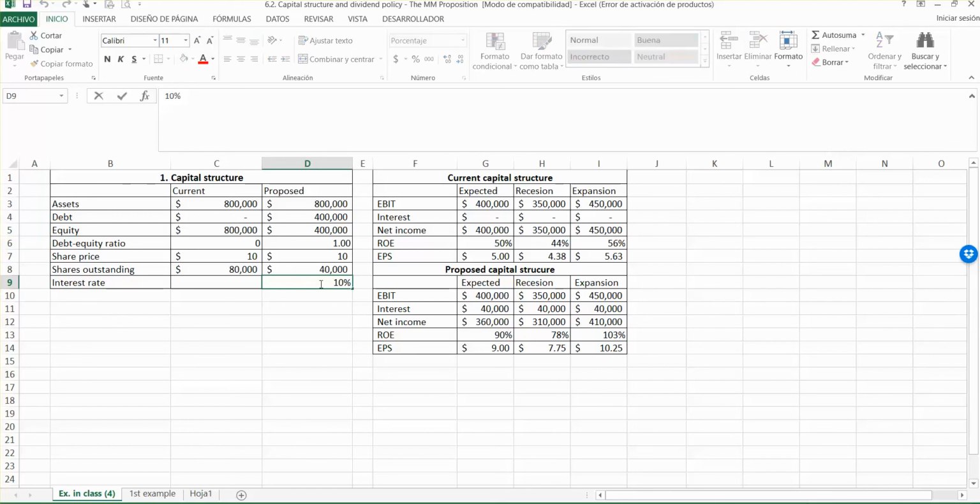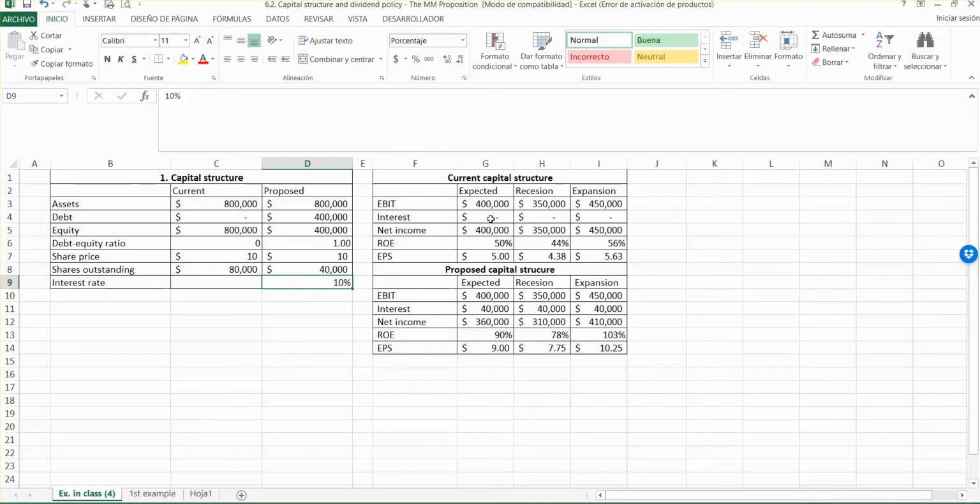Okay, so we go to the three options in the market that could be expected: recession, or expansion in our current capital structure and the post capital structure.